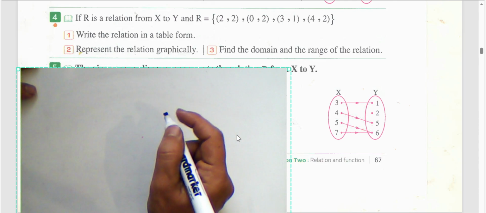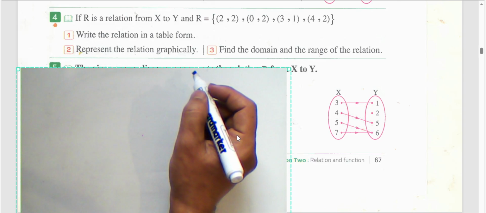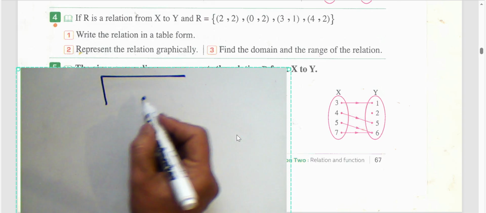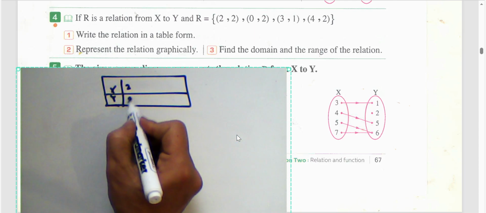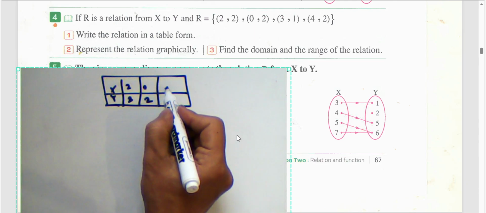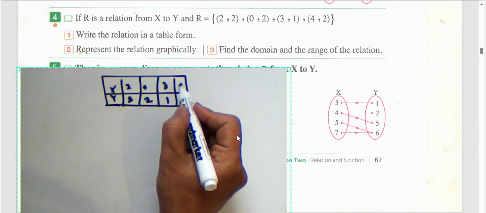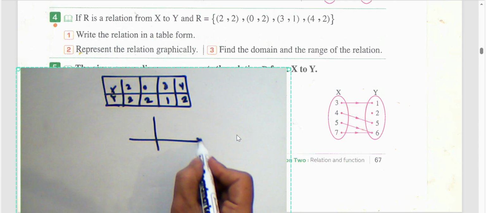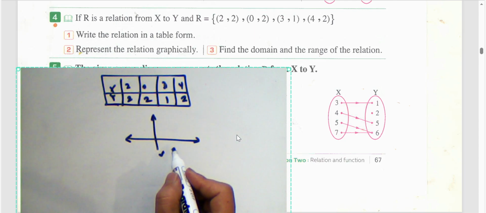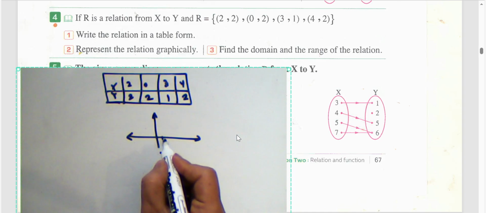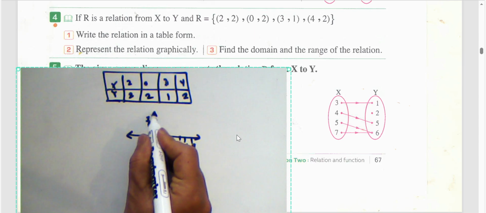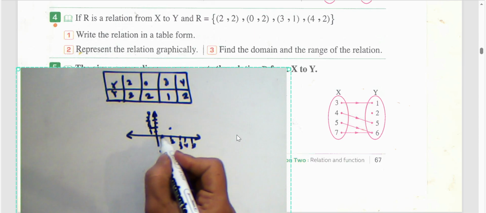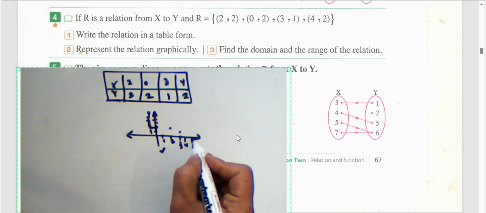We can write the relation in a table. Draw a table like this, write X and Y: 2 with 2, 0 with 2, 3 with 1, and 4 with 2, and then draw an arrow diagram, with 2 with 2, 0 with 2, 3 with 1, 4 with 2.